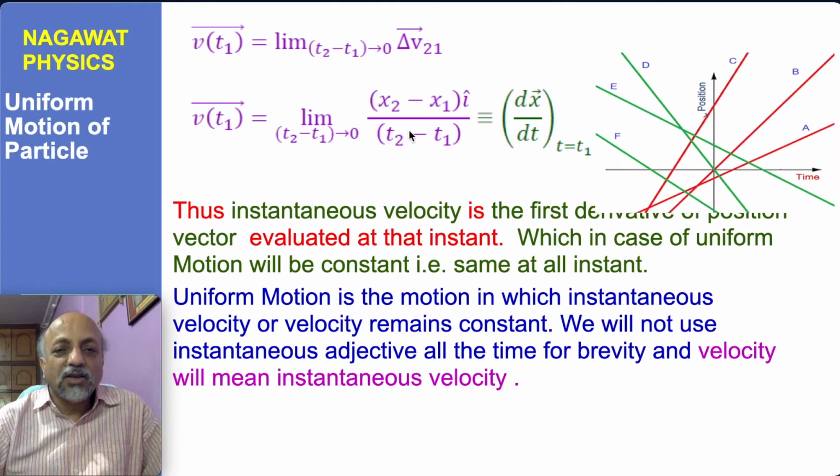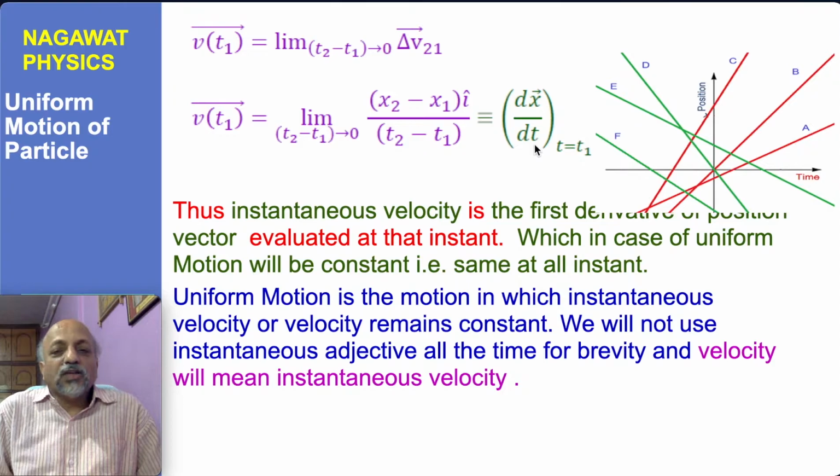And this is by definition, that's why I use the triple equal sign, the equivalence sign. So this is equivalent to this. By definition, this is called the derivative of position with respect to time. So instantaneous velocity is defined as the first derivative of the position vector with respect to time. Since average velocity is constant in uniform motion, even if you change the time interval, it remains the same.